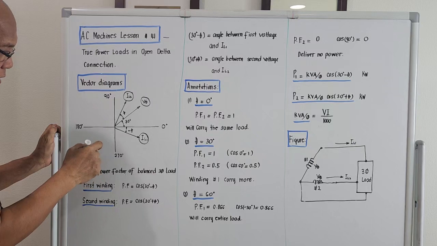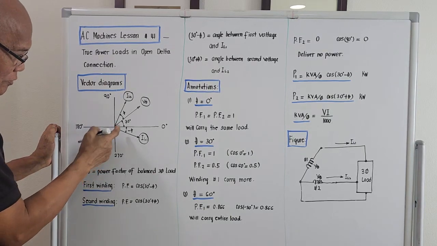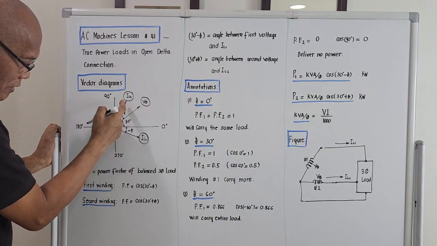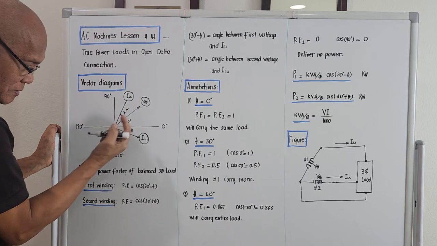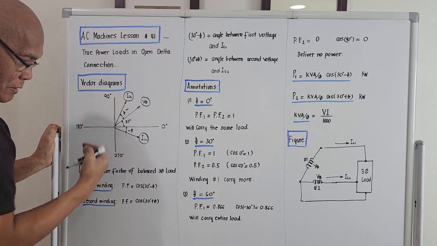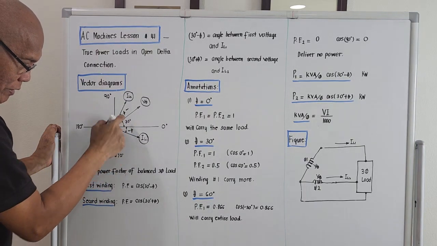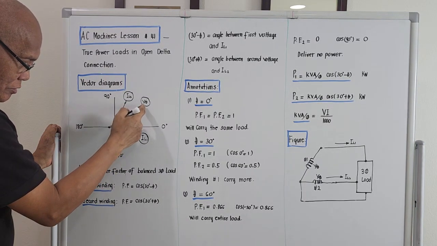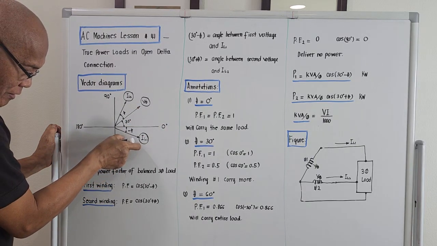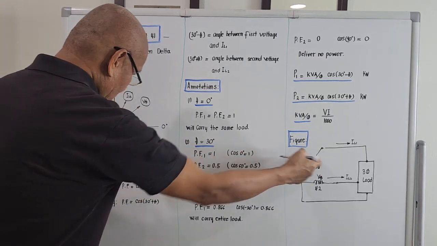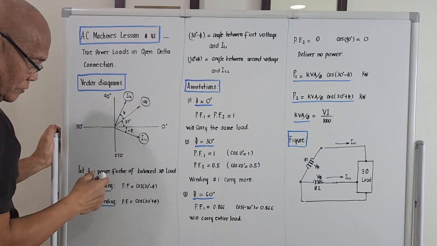I designate that the angle of difference between this voltage per phase and line current number 2 is plus angle theta, measured counterclockwise, while this is measured clockwise. So this is the voltage per phase, this is line current number 1, and this is line current number 2.